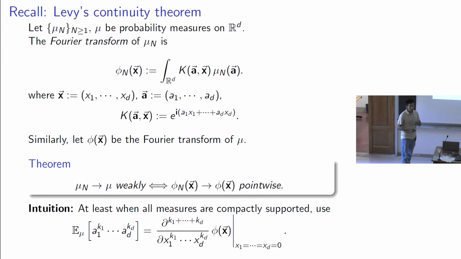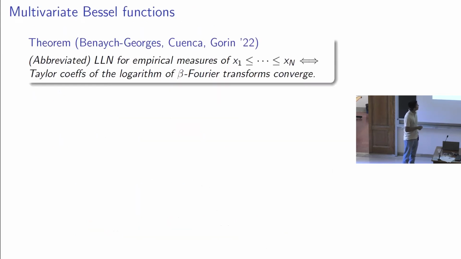So, okay, what kind of generalization are we talking about then? So in our work, first of all, I want to draw attention to the similarity with Levy's continuity theorem: our theorem can be stated in some way like this.